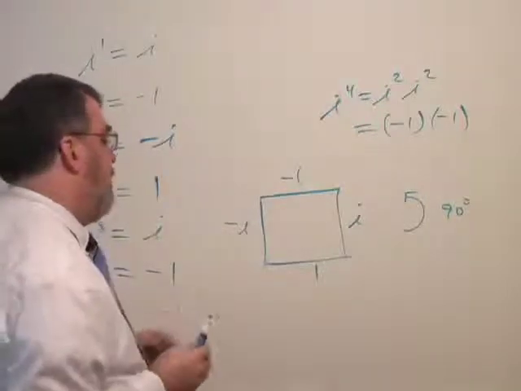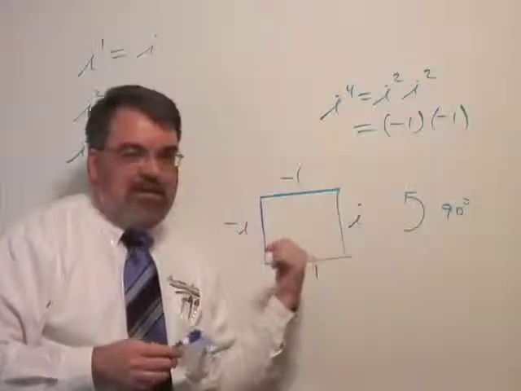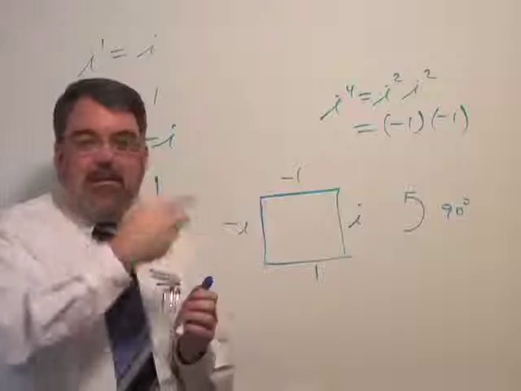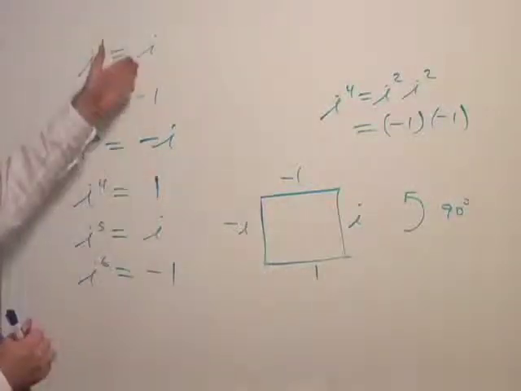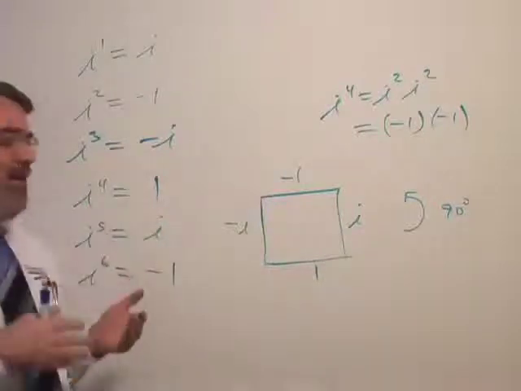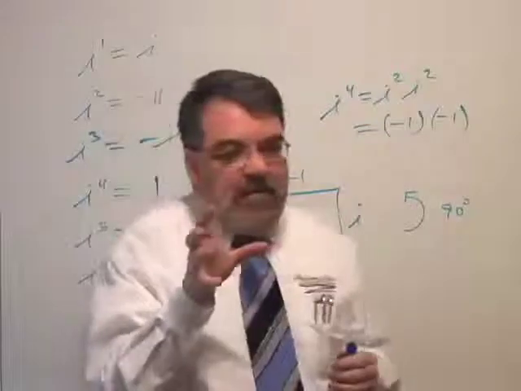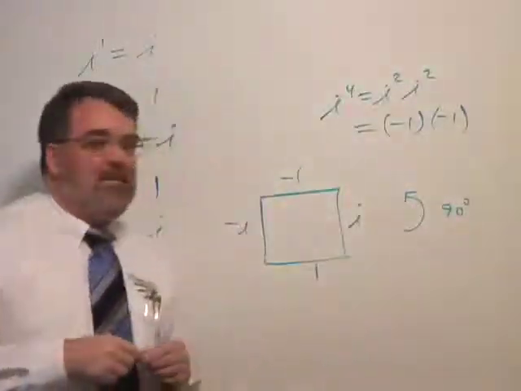And so you could look at each rotation of the square by 90 degrees as multiplying these numbers by a power of i. So it's possible to link this recurring pattern, this cycle, to some way of enumerating spinning a square by 90-degree increments.